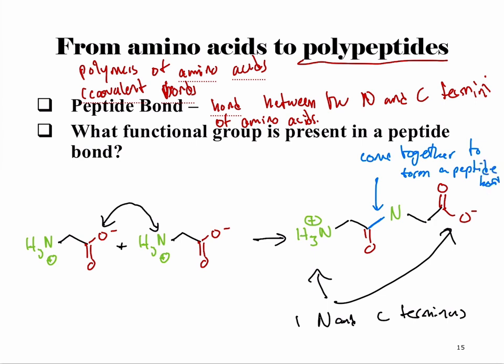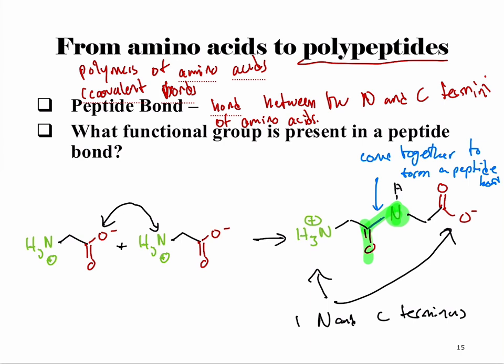And the functional group that's present is the amide functional group, which is what I just highlighted right there. That is the amide functional group. And the amide functional group is the main functional group for the protein. And this repeating unit on a polypeptide occurs all the way through the primary structure of the polypeptide.